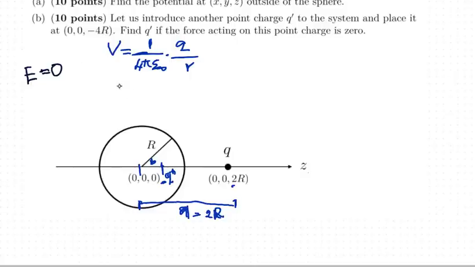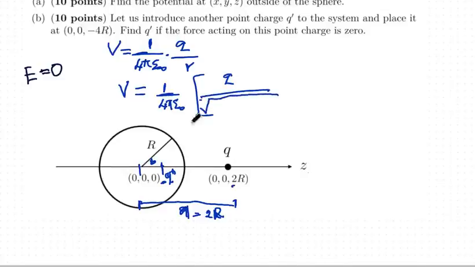So the potential V will be equal to 1 over 4 pi epsilon naught, then the potential for this charge will be Q divided by the square root of x squared plus y squared plus z minus a squared.